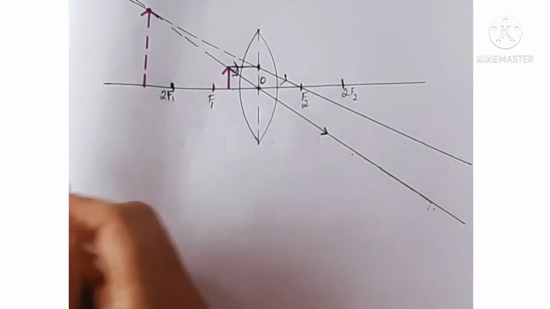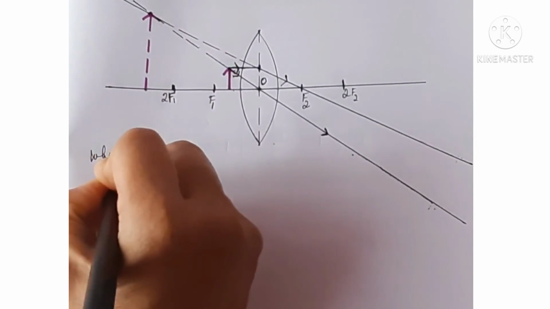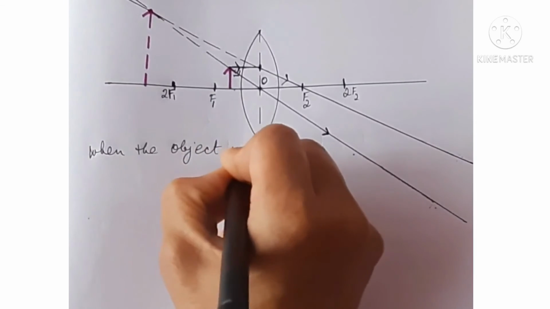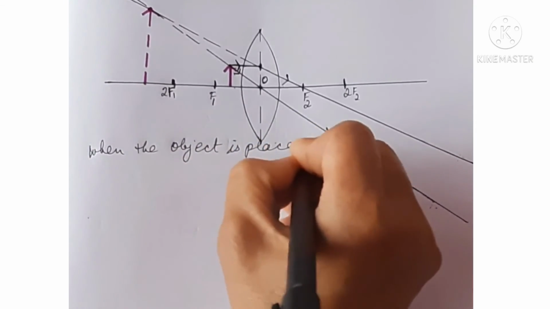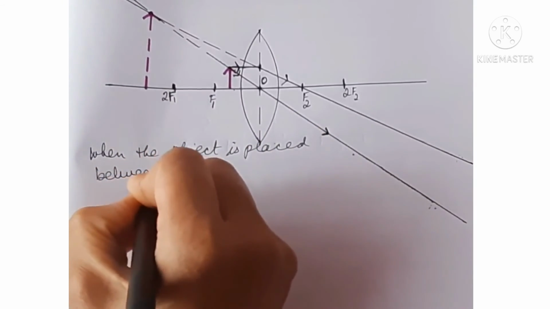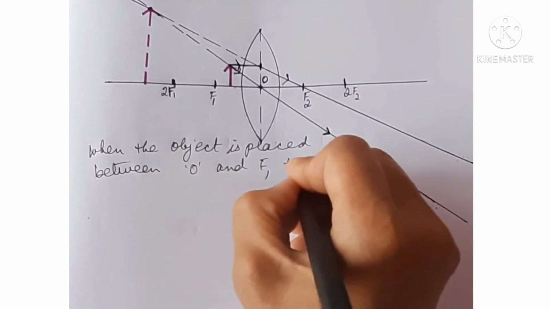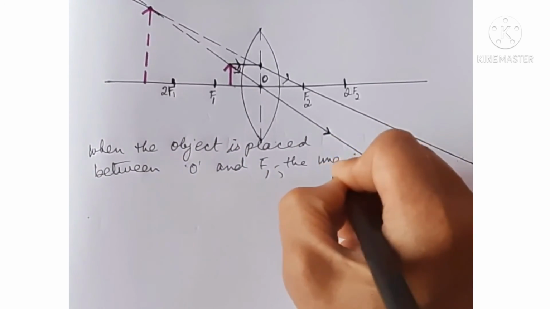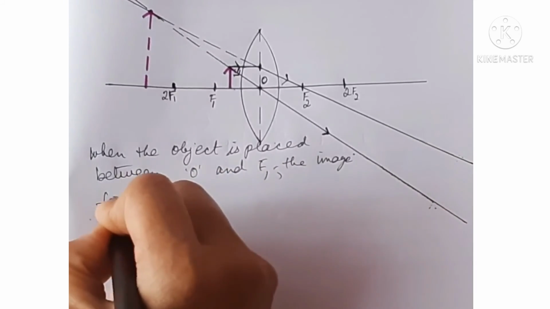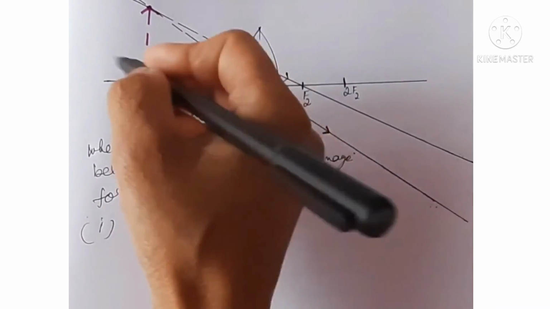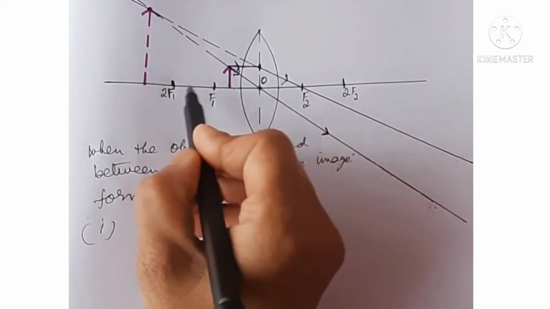So how do we write the conclusion? We write: when the object is placed between O and F1, the image formed is, what? Position first. Where is it formed? See here, it is formed on the same side.